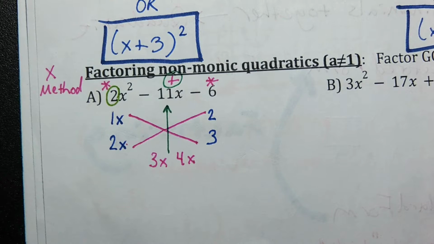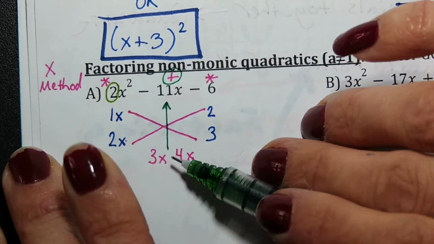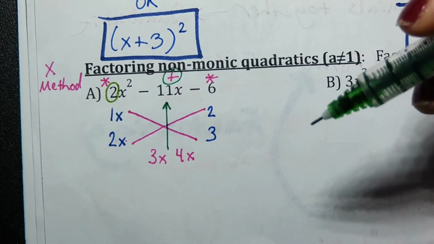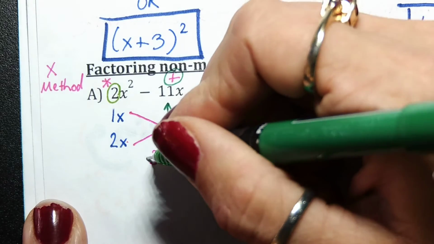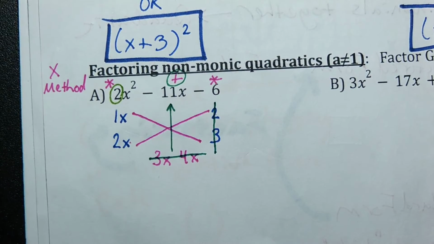If I make them both positive, positive 7x. If I make them both negative, negative 7x. One positive, one negative, 1x or negative 1x. Any way for me to get -11? Nope. So those are out, and these are out as potential pairs. And this is nice because we put a single line through them to show we have tried those things.